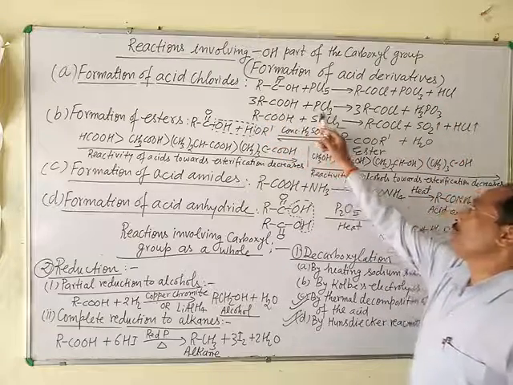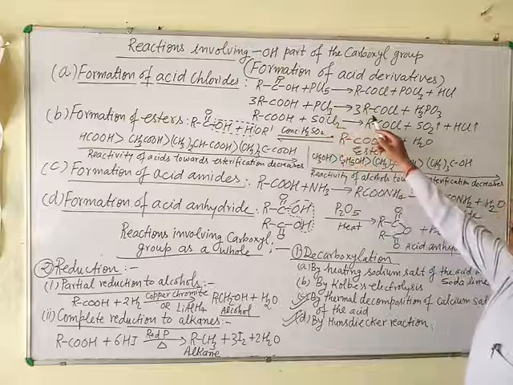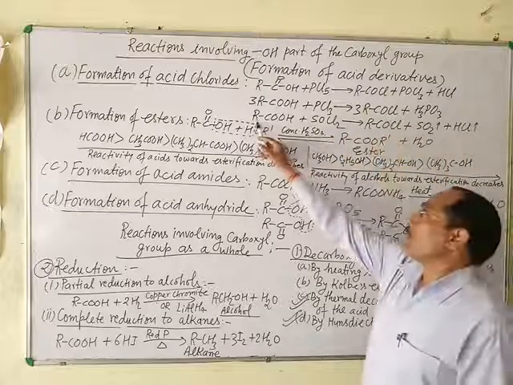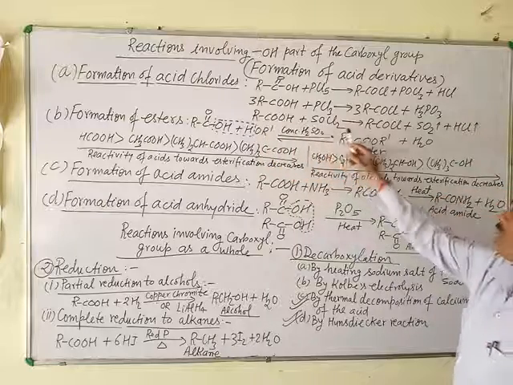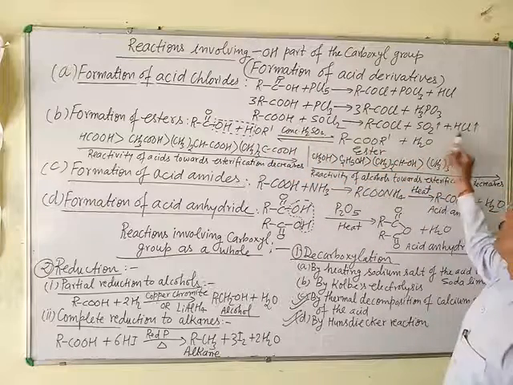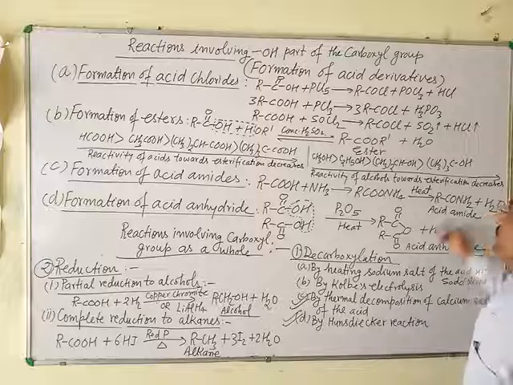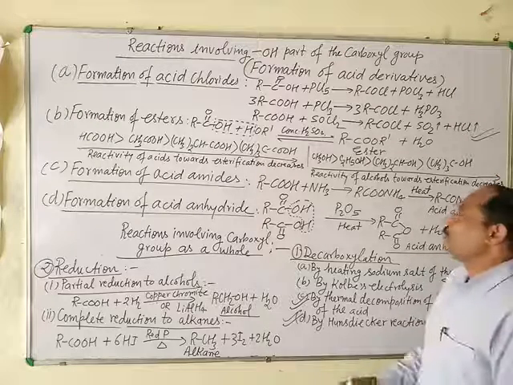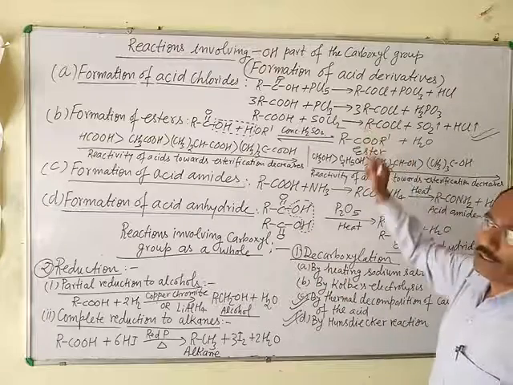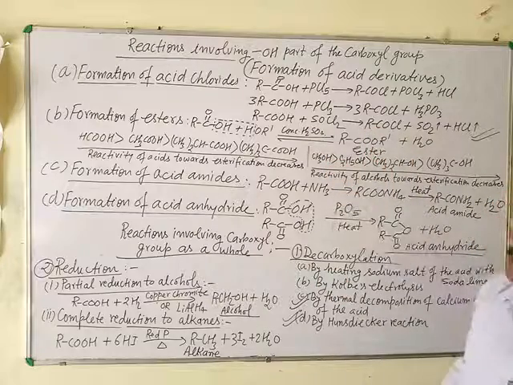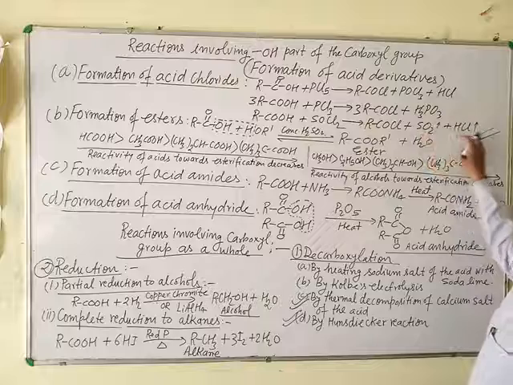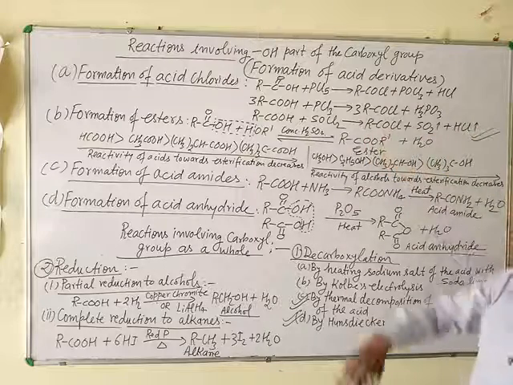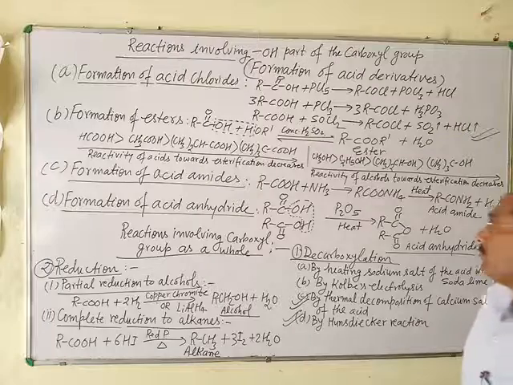Carboxylic acid reacts with SOCl2 to give acid chloride, SO2 and HCl. This reaction is the best method for the preparation of acid chloride from carboxylic acid, because these two products are gaseous and escape out, and pure acid chloride is formed.